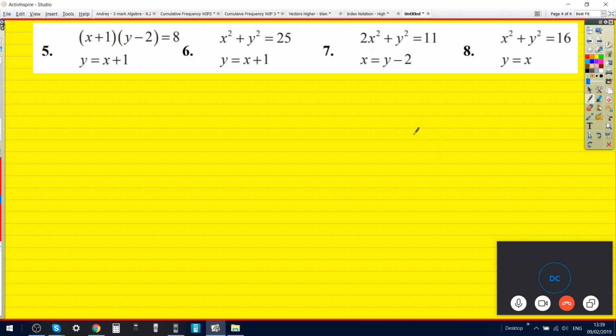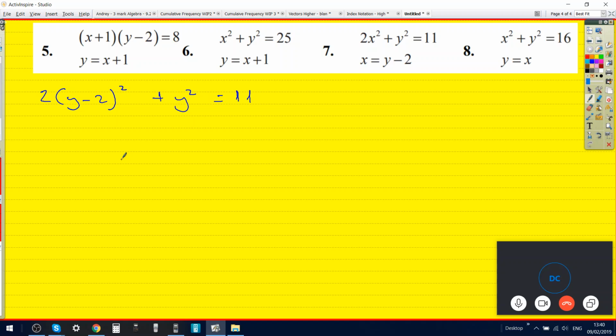2 open brackets y minus 2 close brackets squared plus y squared equals 11. So then I'd expand that out, so 2y. Oh no, it's better to square it first, isn't it?